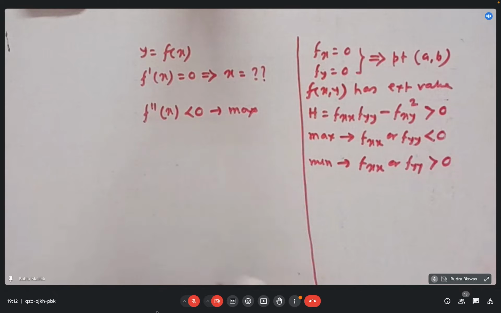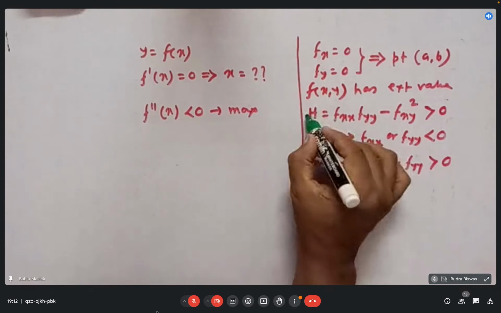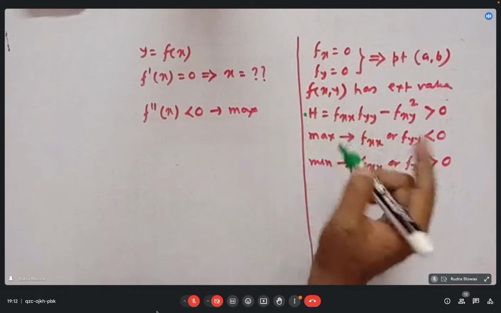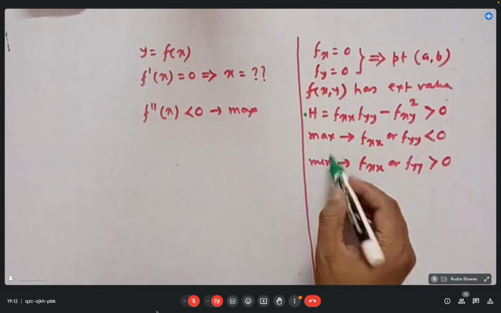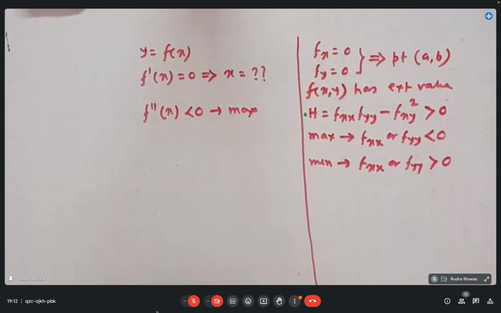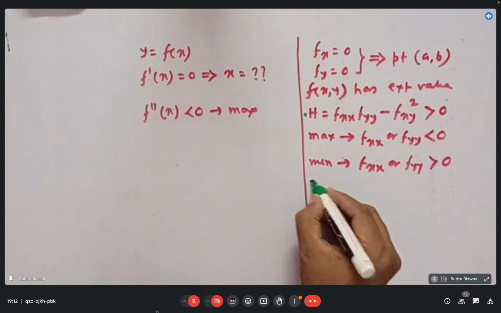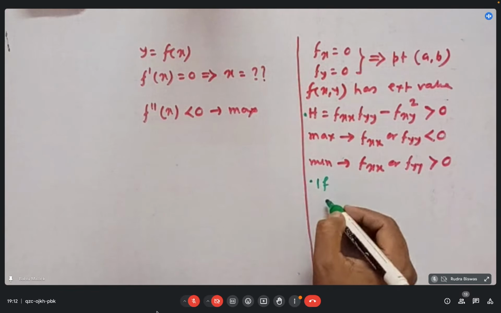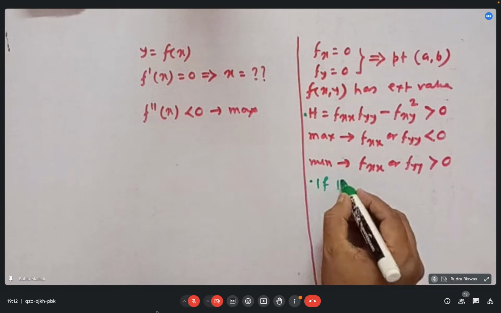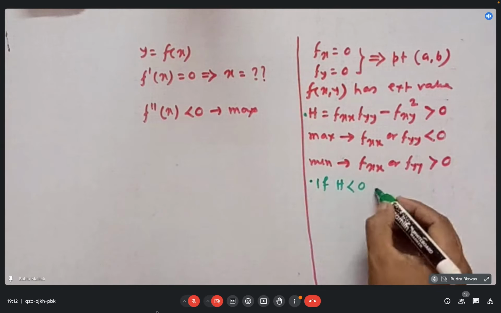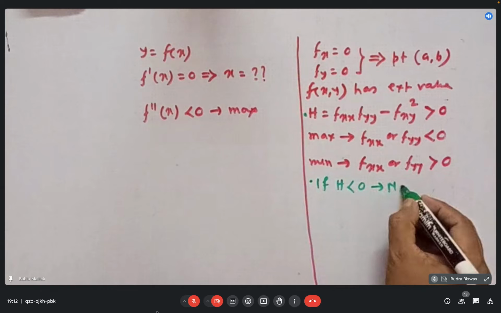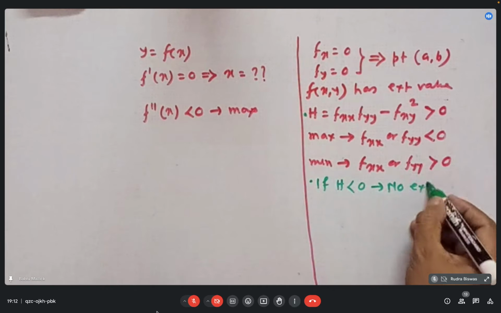So if h is greater than 0, then only we shall check whether a maximum or minimum exists or not. If h is less than 0, then there is no extreme value.